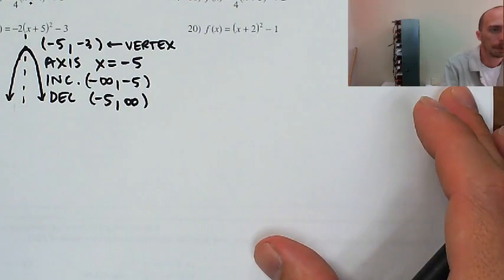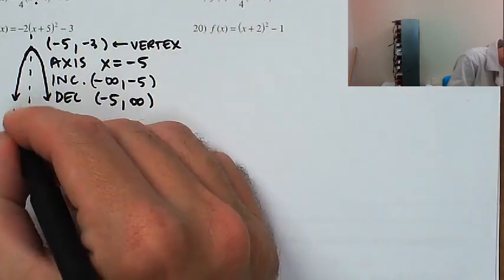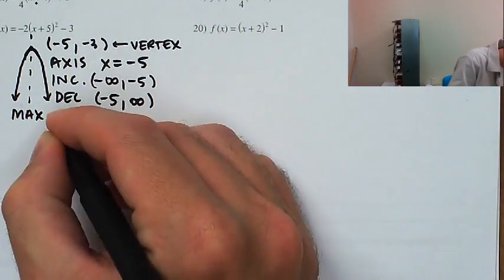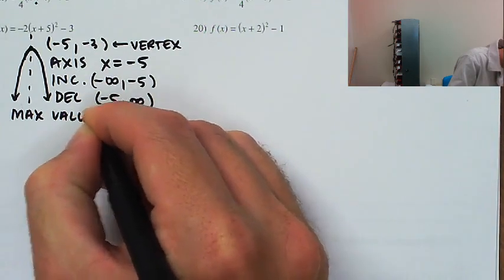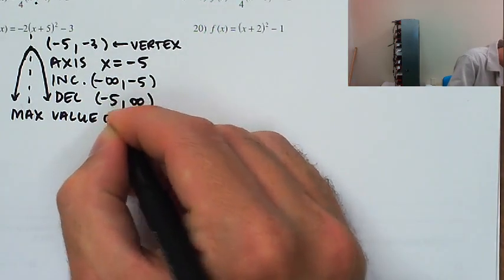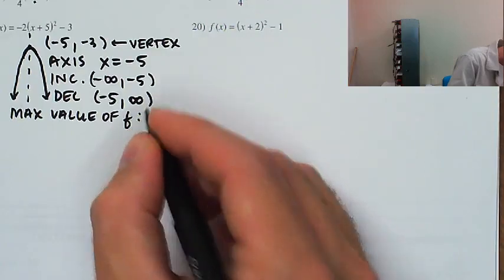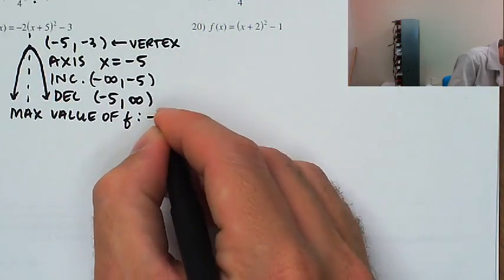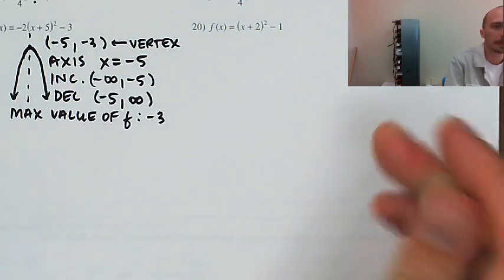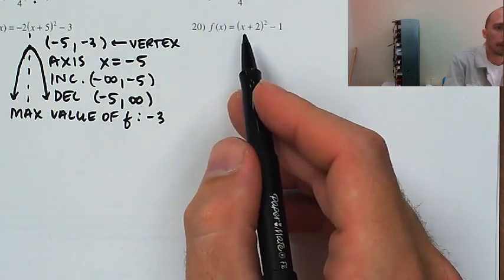Okay, need a little more room over here. Nope, didn't find the maximum value. The maximum value of f is going to be -3. And then (x plus 2) squared minus 1.